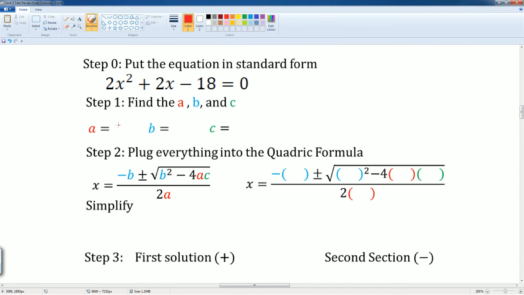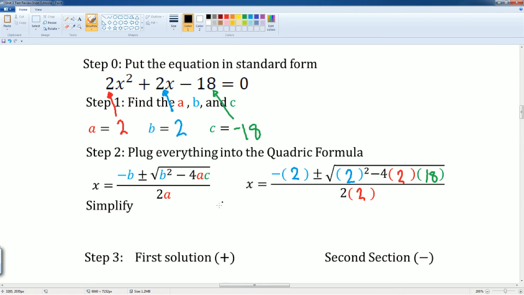The a value here is that term in front of the x squared, which is going to be that 2. The b is that number in front of the x, which is 2. And the c here is going to be that number by itself, which is negative 18. Plug that into our quadratic equation. You get x is equal to negative 2 plus and minus the square root of 2 squared minus 4 times 2 times negative 18, divided by 2 times 2.